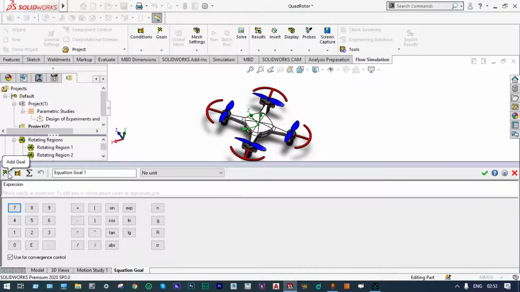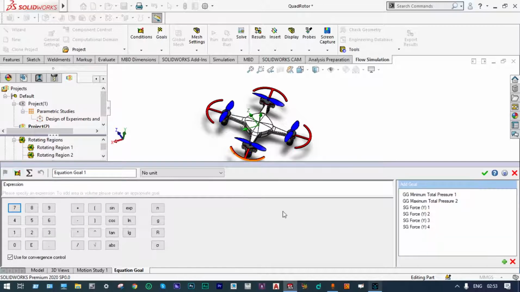That equation goal will be obtained from pre-decided goals. The first two are in the negative direction, so we have to take the absolute values of these two. Let us select the absolute of the first one plus absolute of the second one. Bracket closed. Done.